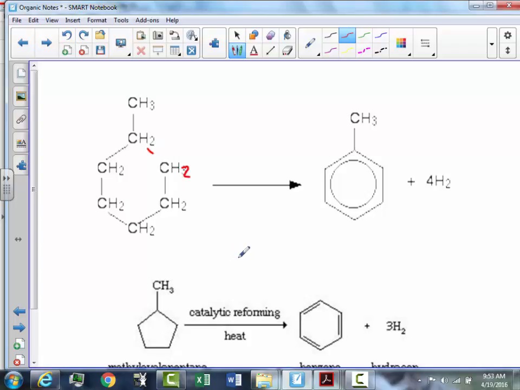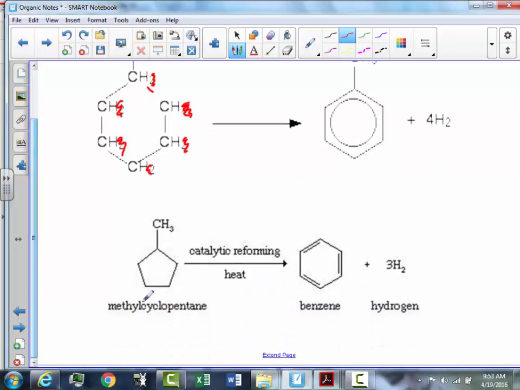Anyways, what it looks like has happened here is they found a way to rip off one of these hydrogens, and one of these hydrogens, and so on, and found a way to turn it into a benzene ring, but in the process, they pulled some hydrogen off of this thing. Does that make sense? And so you found a way to take something that wasn't aromatic and make it aromatic.